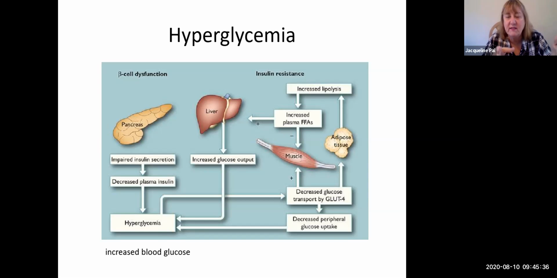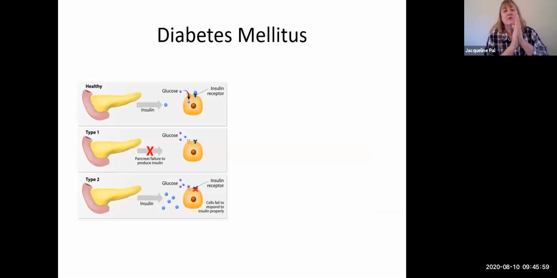So for whatever reason, the insulin is not doing its job. You also can have hyperglycemia from increased glucose being produced out of the liver, and also from adipose tissue with its breakdown of triglycerides. So there's a lot of reasons why you can have a hyperglycemia or increase in blood glucose.